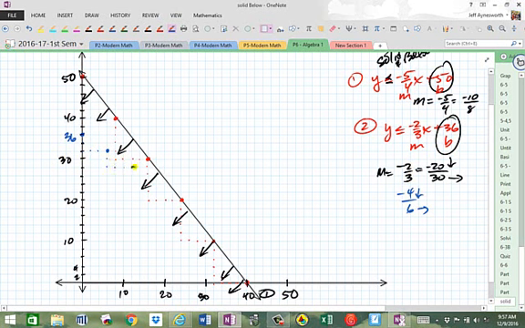Ooh, intersected right there. Just keep on going. Okay, and we should have intersected right there at 54.